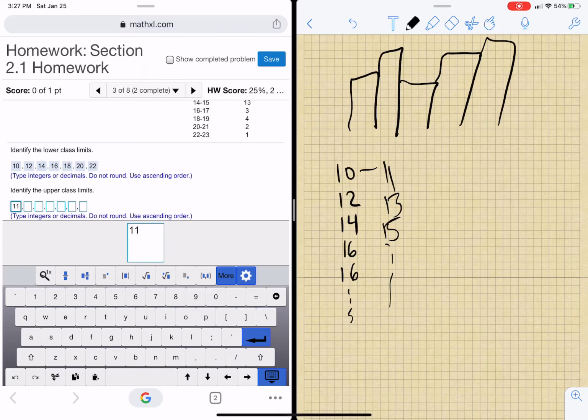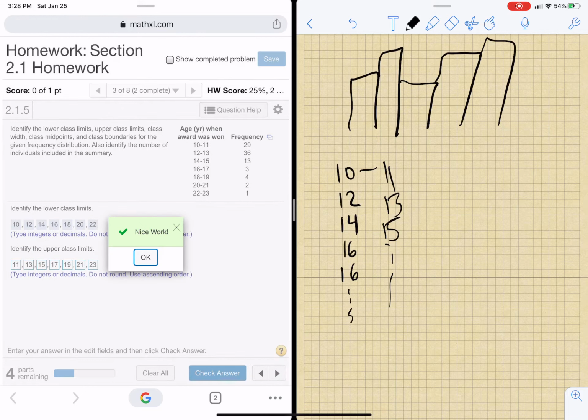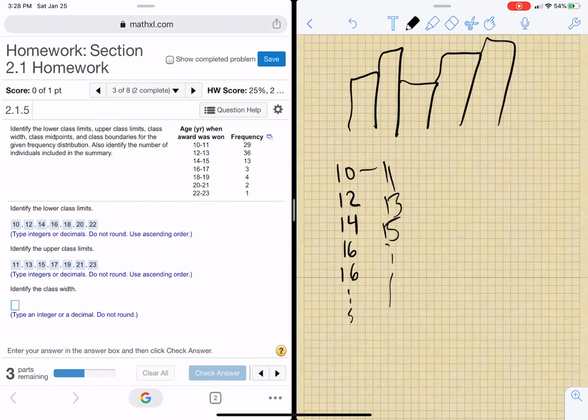I'm trying to tab over, but it's not letting me. 21, and 23. Okay, good. Check that answer, good.